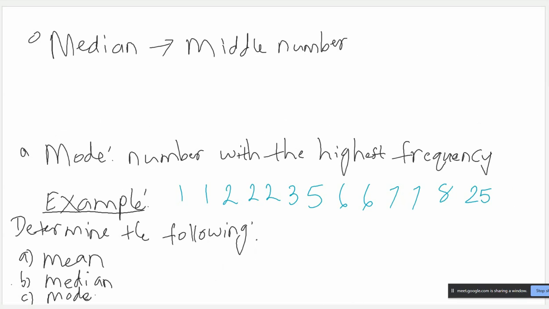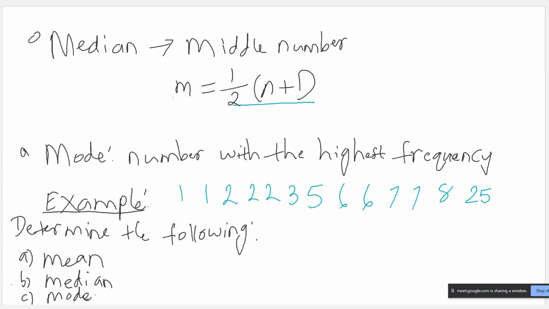And then the median, we all know that the median is the middle number of the data. Sometimes you can find the median of the data using a formula, which is M equals 1 over 2 times (n plus 1).